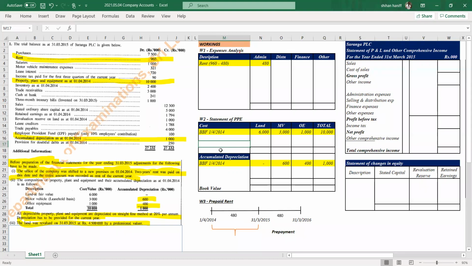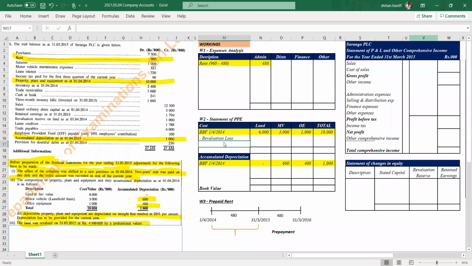Now the land value is 6 million, but it was revalued for 4.5 million. So it's a revaluation loss. How much is the loss? From 6,000 to 4,500. There is a 1,500 loss. So that has to be deducted. 1,500 loss. That we need to deduct.